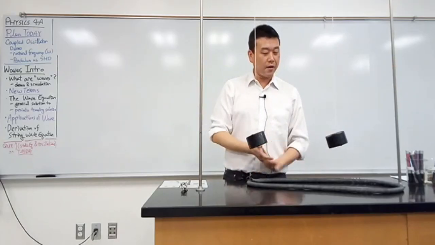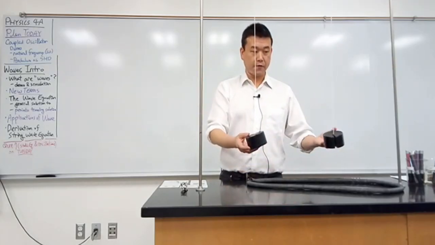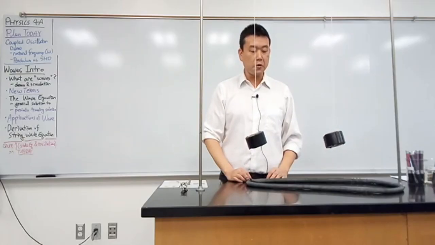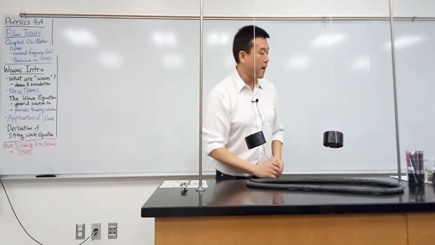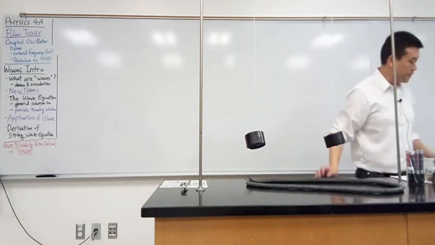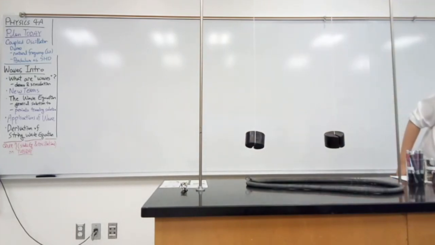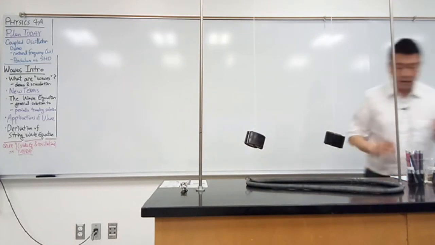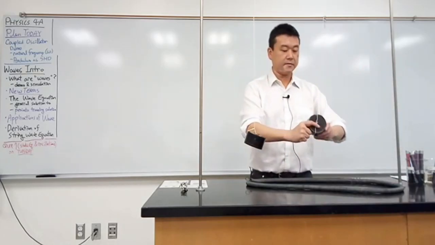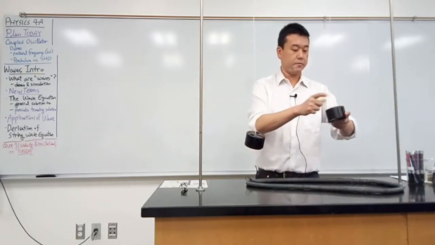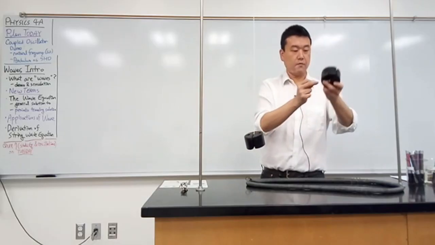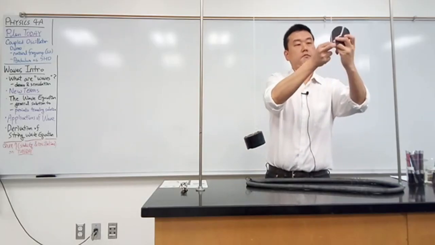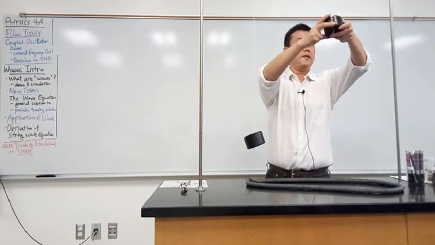Now, let me show you a little bit of change from this. So they look the same length, all symmetric. I'm going to just change the setup here slightly by wrapping the string around this mass.